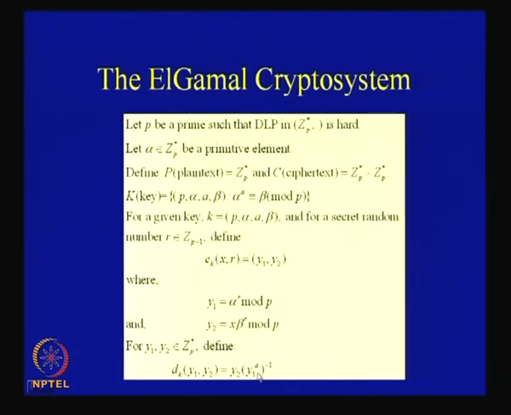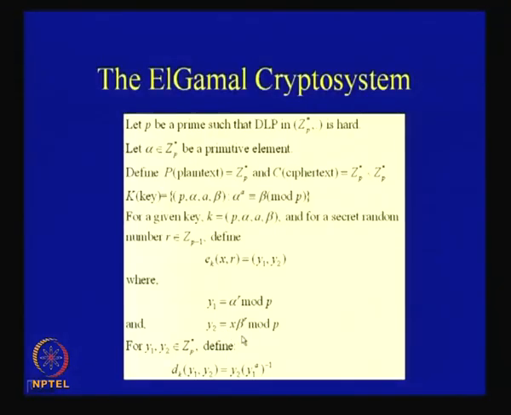It is believed that the attacker, who does not have the knowledge of A, cannot compute this inverse, because that is the challenge. So if from y1 and y2 the attacker is able to obtain the value of A, that means it is able to solve the discrete logarithm problem, and then this cipher can be compromised. Based upon the assumption that the discrete logarithm problem is hard, we have this cryptosystem which is popularly known as the ElGamal cryptosystem.